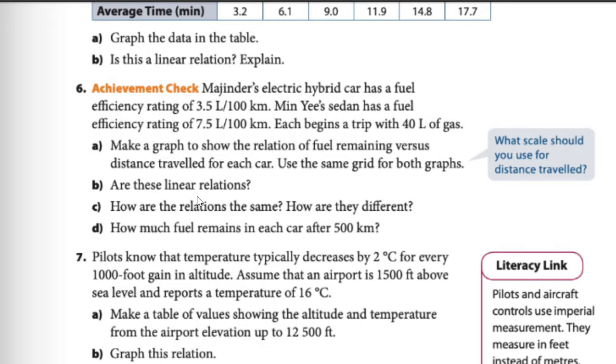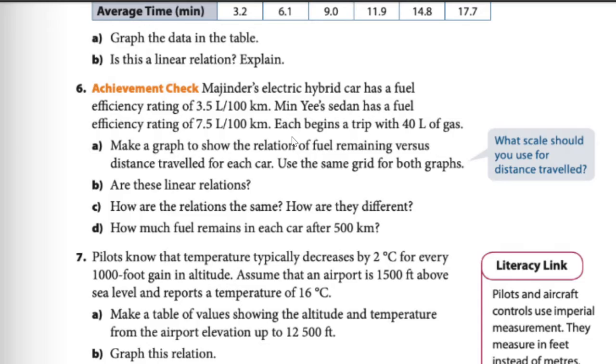Each trip begins with 40 liters of gas. Make a graph to show the fuel remaining versus the distance traveled for each car, putting them both on the same grid. Are they linear relations? How are they the same? How are they different? How much fuel remains after 500 kilometers?